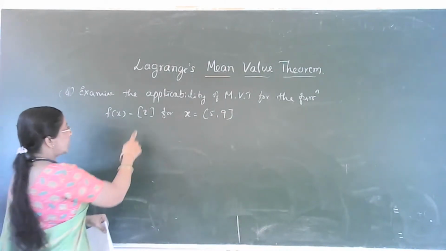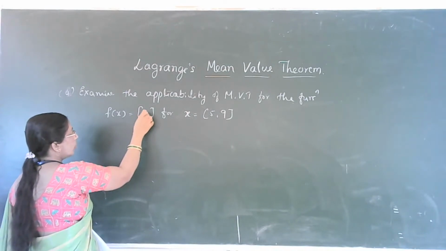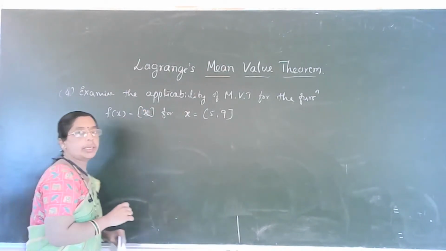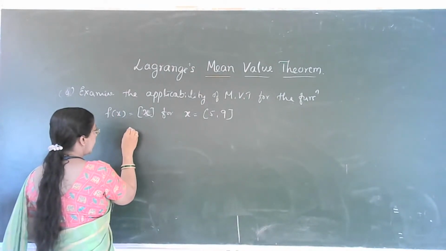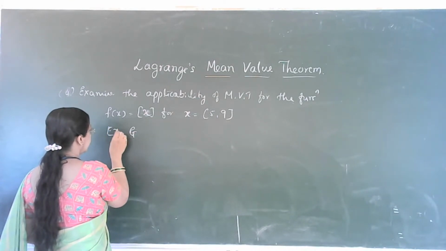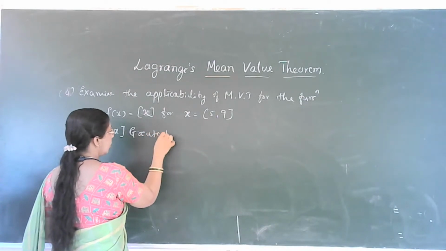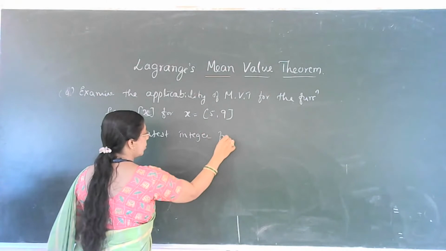Here this bracket notation denotes the greatest integer function. It's a greatest integer function.